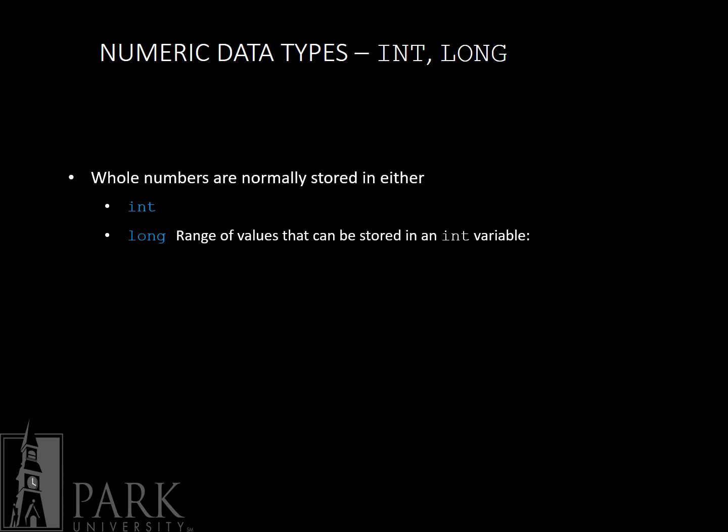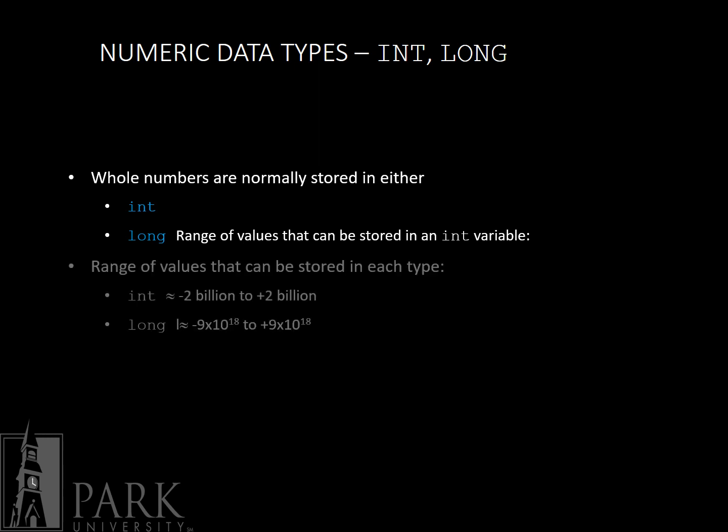And what's the difference between these two? Well, the amount of memory required to store each value. A long can store larger numbers, but requires more memory to store each value. For example, an int uses 32 bits to store its values, but 1 bit is used for signing, so we have 2 to the 31st power, which roughly equals plus or minus about 2 billion numbers.